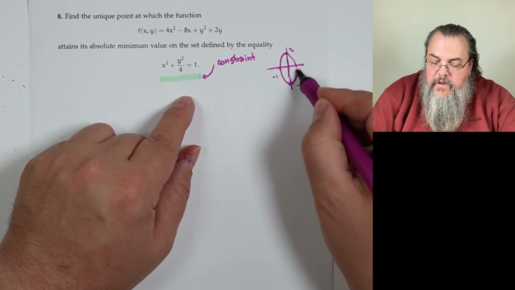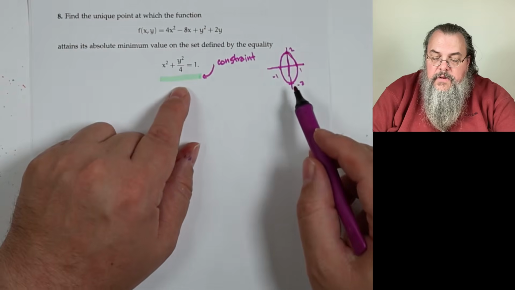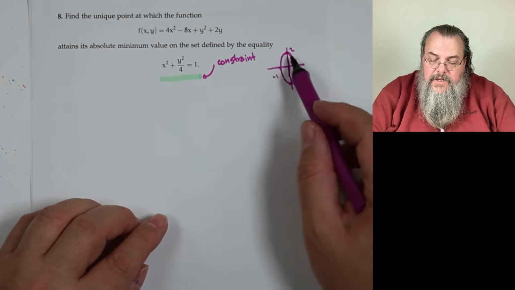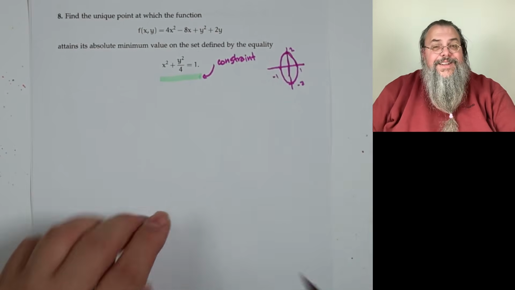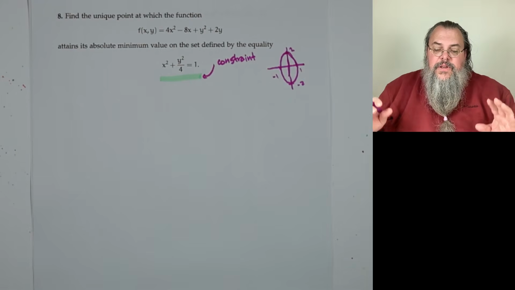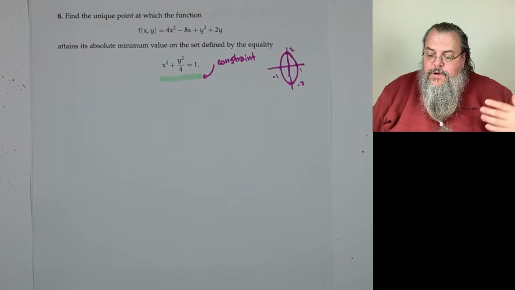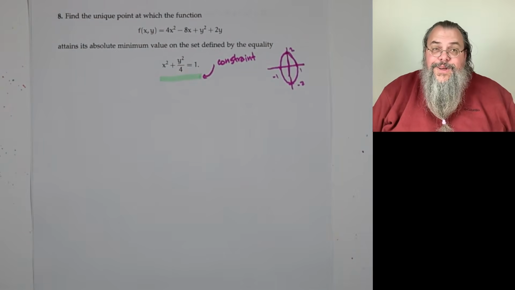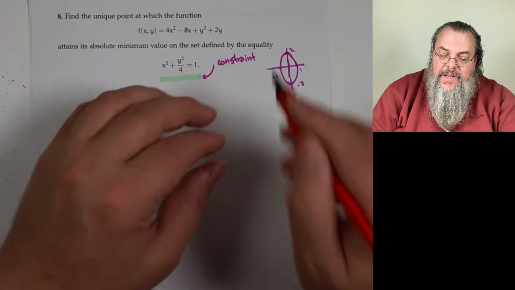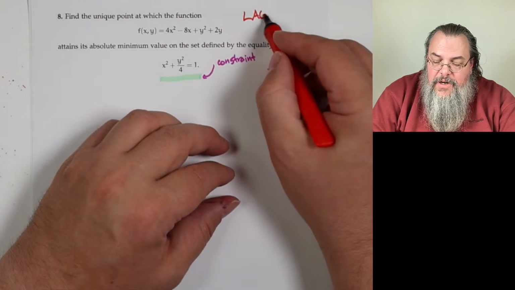So this is the curve, and we want to be on the curve. Notice, it's not the curve and then the interior. That's a different type of problem. It's the curve itself. So when you see a problem where you have a constraint, you say, I know what this is. This is Lagrange.